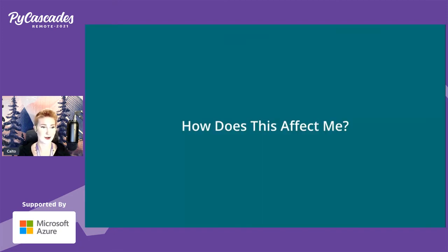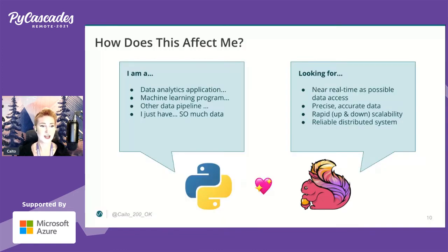Okay, so the fun part, how does this affect you? Let's say you're a Python engineer, probably very likely at this conference, and you're working on a project that needs to be able to scale up and down rapidly and needs to be reliably distributed. Maybe you're doing something like anomaly detection and you need your data to be very precise and accurate and accessible in as near real time as possible.